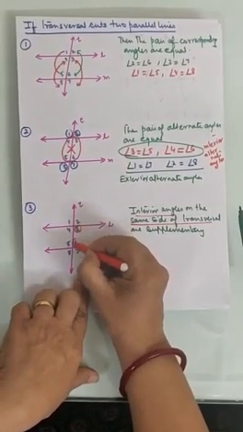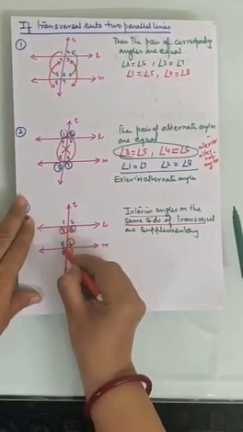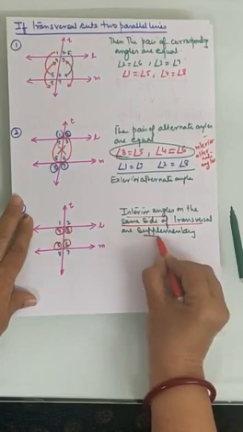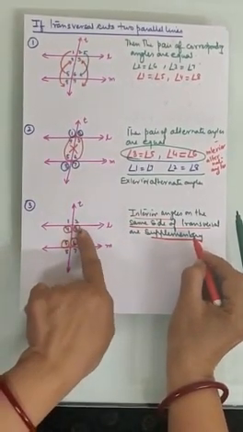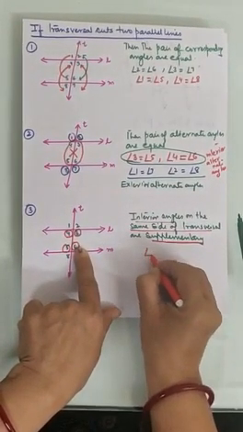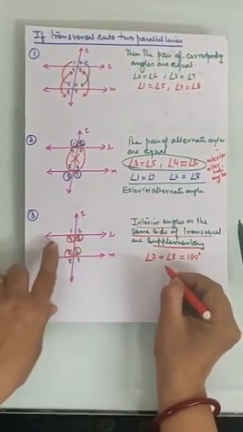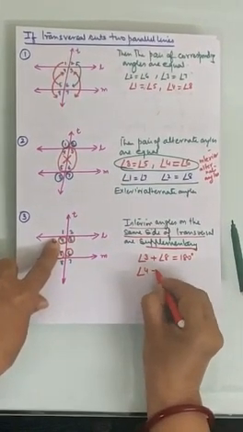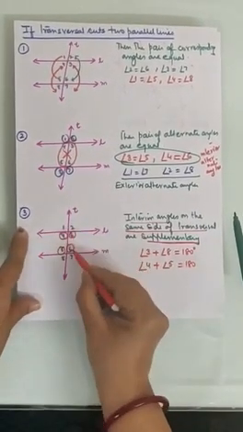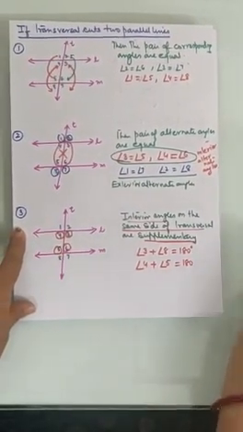So these are interior angles on this side of the transversal, and these are interior angles on this side. So interior angles on the same side of the transversal are supplementary, means angle 3 plus angle 6 is equal to 180 degrees, and angle 4 plus angle 5 is equal to 180 degrees.